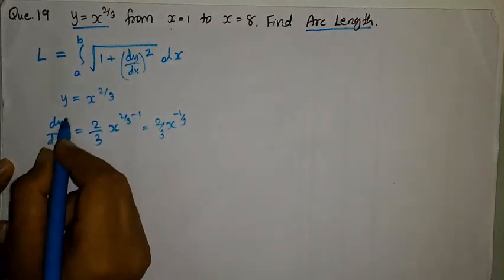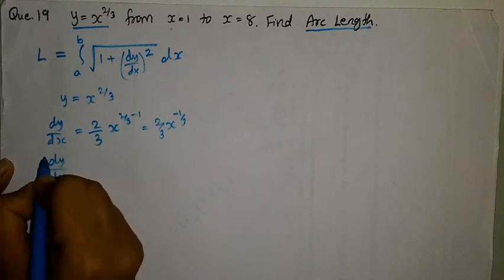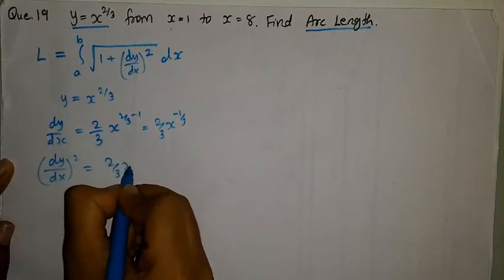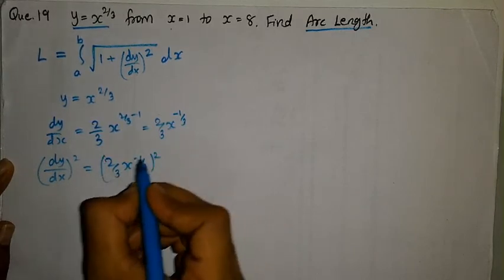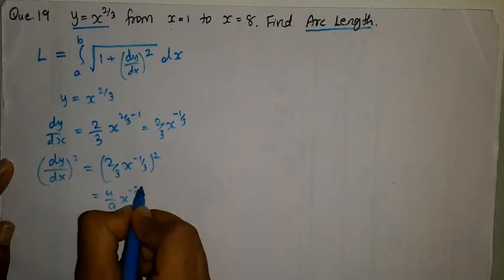Now let's square this term. So we get dy by dx whole square is equal to 2 by 3 into x raised to minus 1 by 3 whole square, that is equal to 4 by 9 x raised to minus 2 by 3.